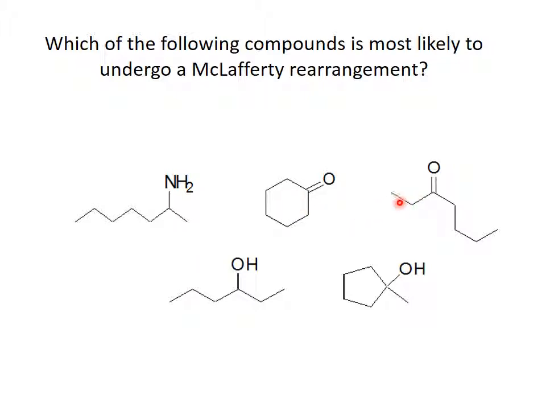If you look at this ketone, this side does not have a carbon here that can put a hydrogen here. It has to be on the 1, 2, 3 carbon, having a hydrogen that can come over here. And so this side can't do a McLafferty.